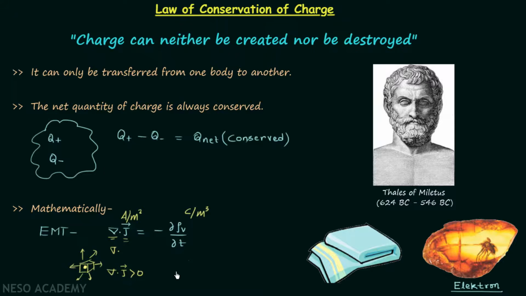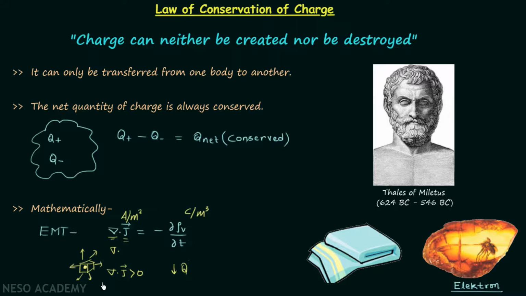If you focus on the right hand side, you will find we have the negative of the rate of change of charge density. This means we have the rate of decrease of rho V, or we can say the rate of decrease of the charge Q. Now compare the left hand side and the right hand side. The left hand side gives us the rate of outflow of current or rate of outflow of charge.